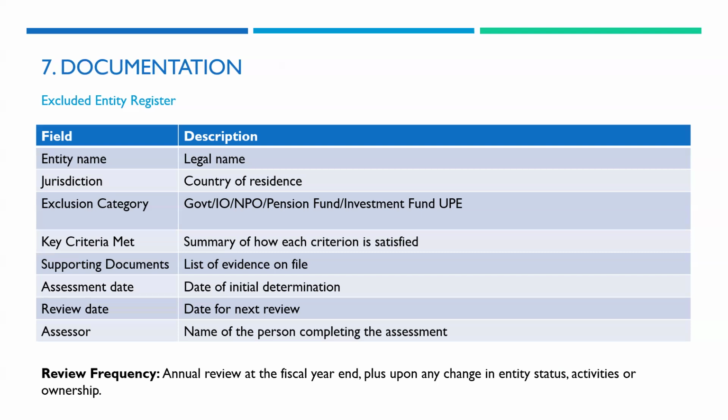Then there are pension funds, which have to satisfy 3 conditions: it should be for disbursement of pensions, it should be regulated, and it should either be exempt from tax or deferred for taxation. Then the fifth one is investment funds. Investment funds are excluded entities only if they are a UPE. Otherwise, they are included. And a major thing about investment funds is they have to pass the 80% ownership test.